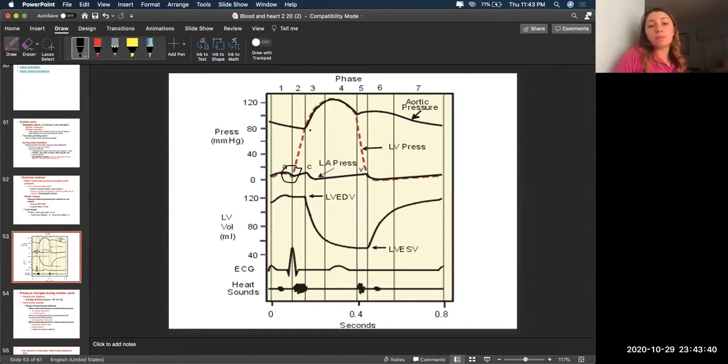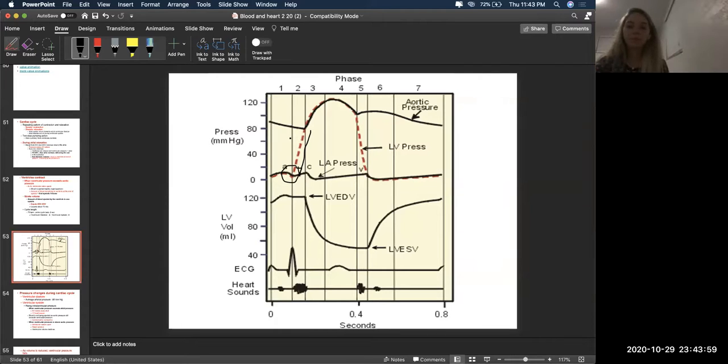In this time right here, this is called the isovolumetric contraction phase. It's the preload, right? It's how it initiates the stretching to prepare the ventricles for contraction. It's called preload.